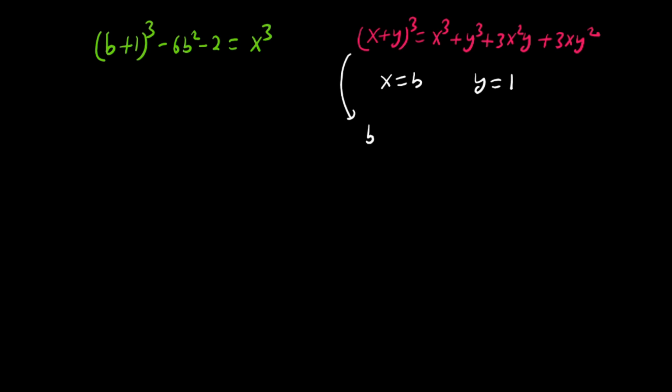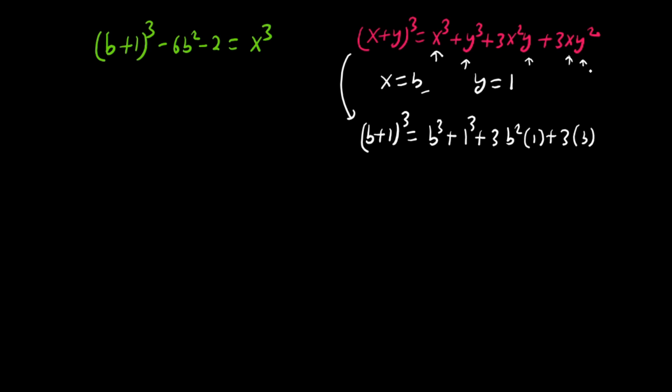Then (b + 1)^3 = b^3 + 1^3 + 3b^2 times 1 + 3b times 1^2.